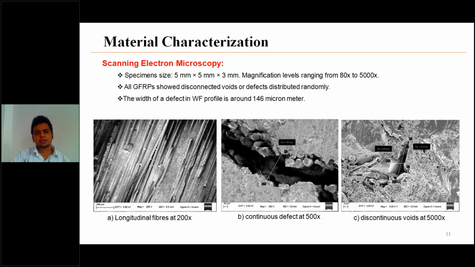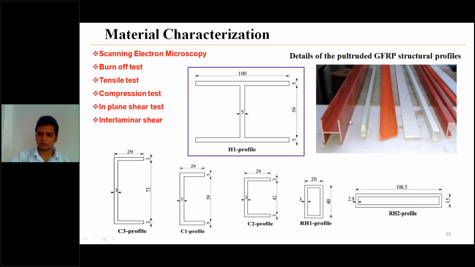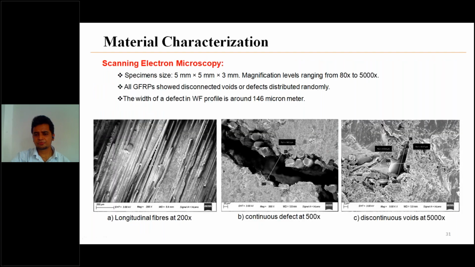From scanning electron microscopy, it was observed that the FRP profiles had randomly distributed defects or voids throughout the profiles. One particular observation was that a continuous defect was observed in the previously described I profile. Here, one continuous defect was observed.